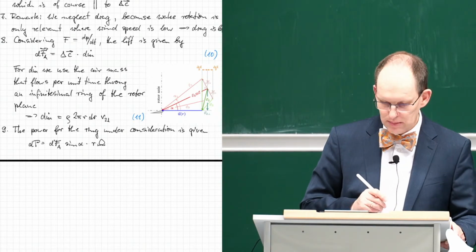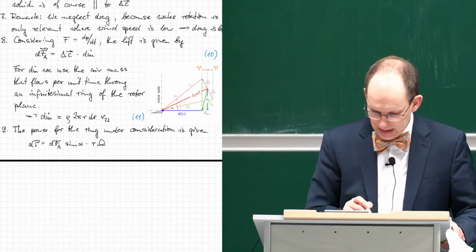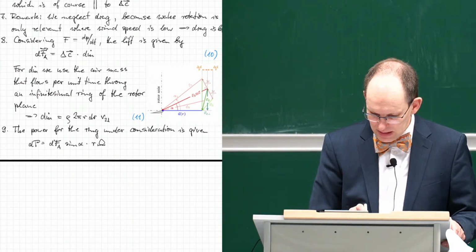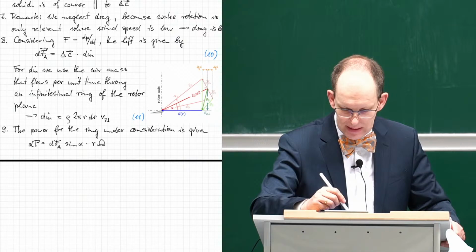R times omega is the velocity, and now dFA times the sinus of alpha.